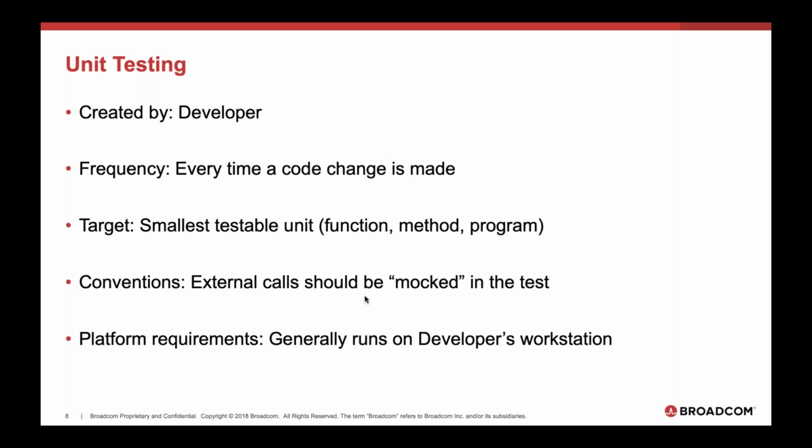For example, if I was making a proprietary database call, it's very likely that the call into an external database is mocked in this unit test, so that you're able to invoke that test and run it without having a dependency on a whole lot of external things running. That's just common convention that you see with unit tests.